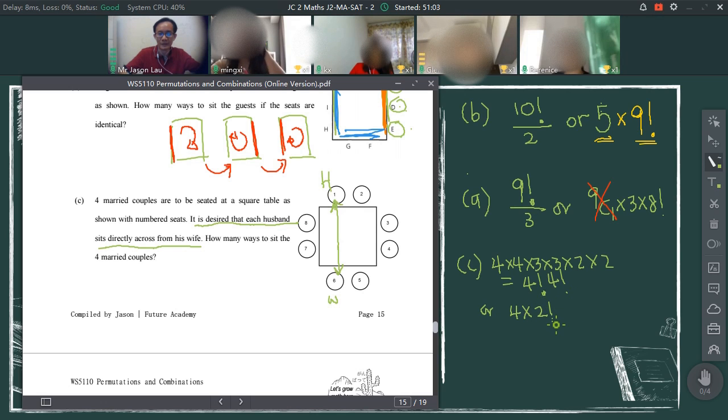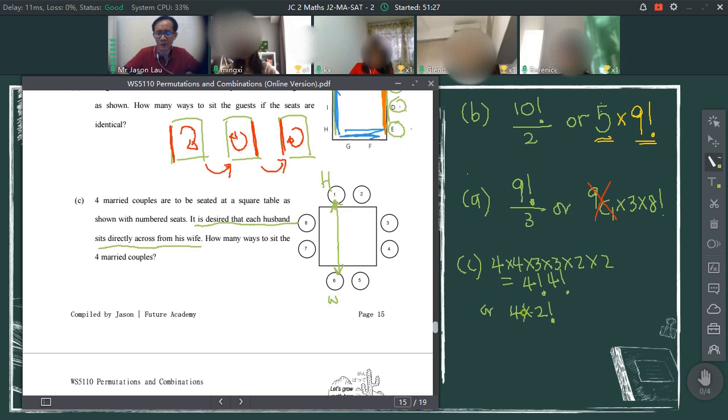They are different. Wait, it's not the same. Is 4 factorial the same as 4 factorial times 2? No, different. 4 factorial times 4 factorial is much bigger.